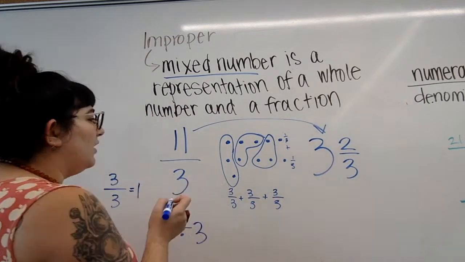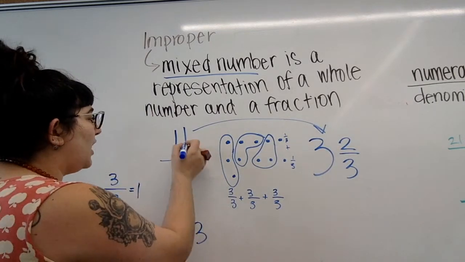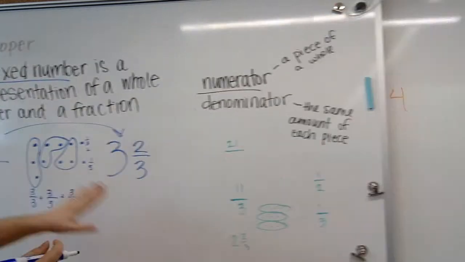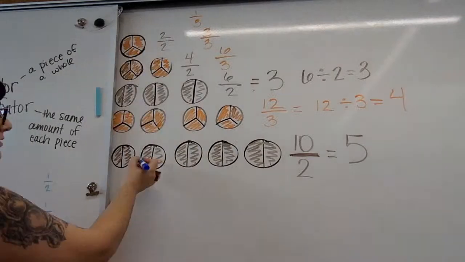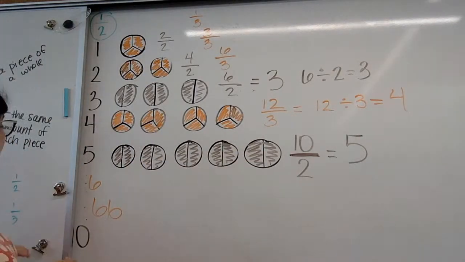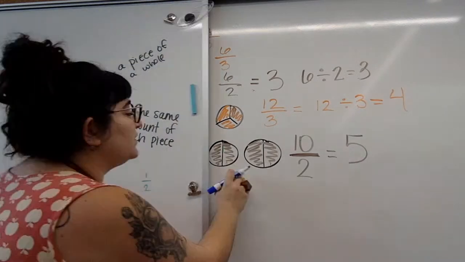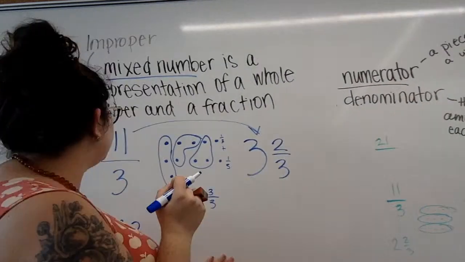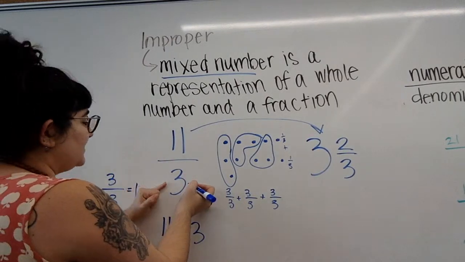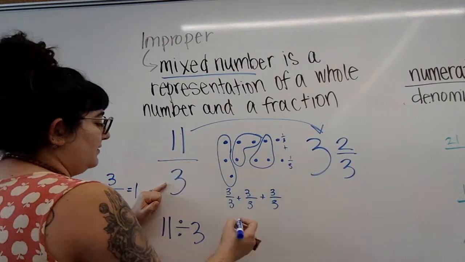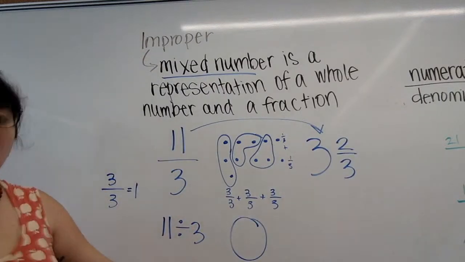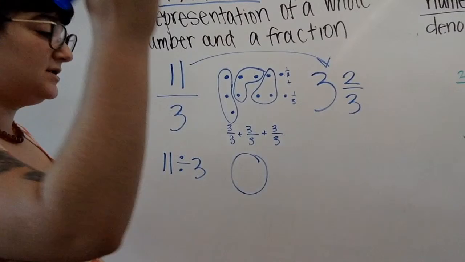Now, could we also draw 11/3, just like I had before, with circles or even pies, circles or fraction strips? Absolutely. I could see how many thirds there are if I can count up 11/3.